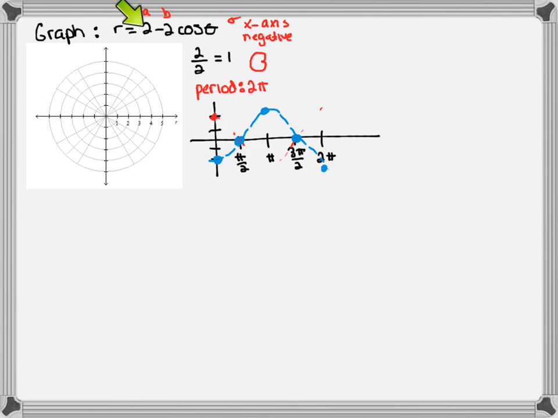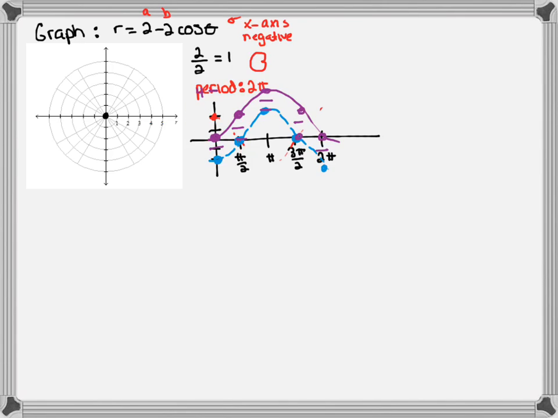The 2 means that I'm going to go up 2. So I'm going to move all of these points up 2. Okay, so the purple graph is actually the graph of 2 minus 2 cosine theta. So at 0, my angle is 0.